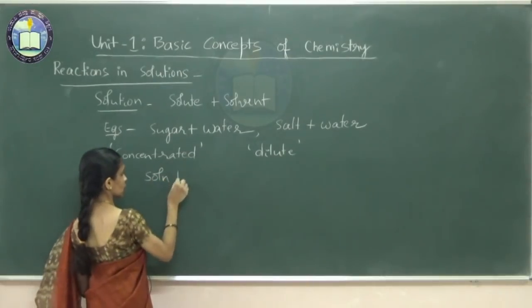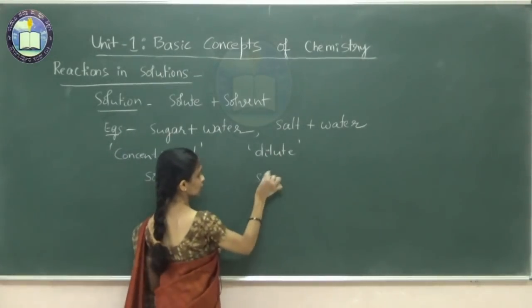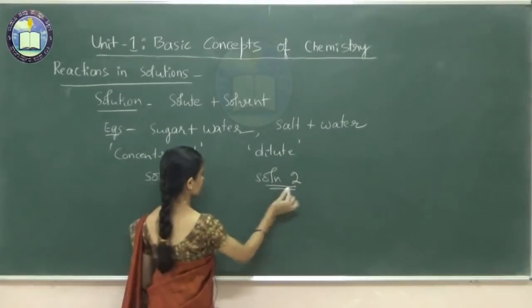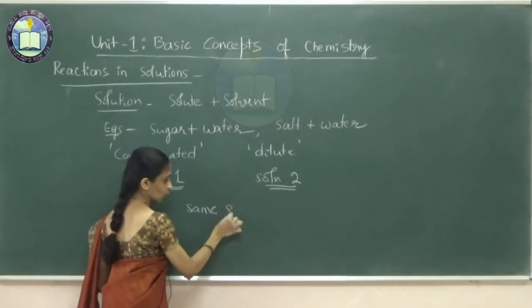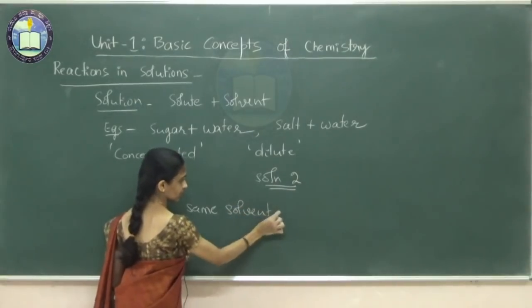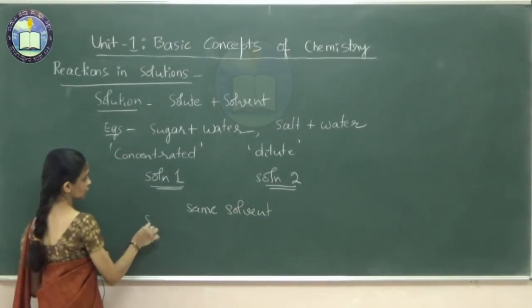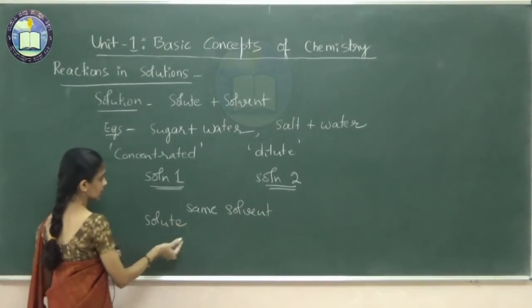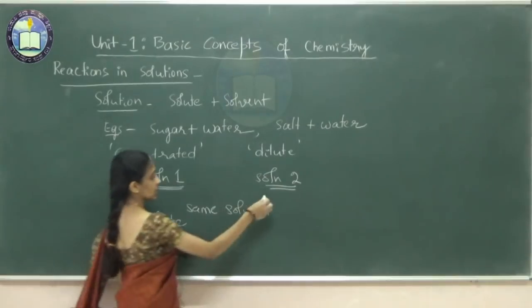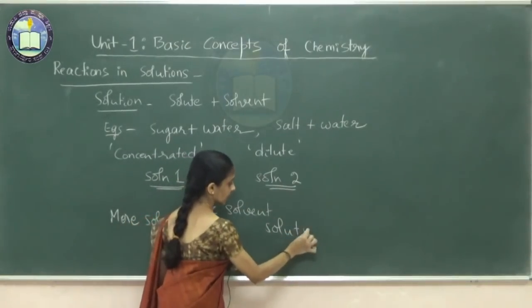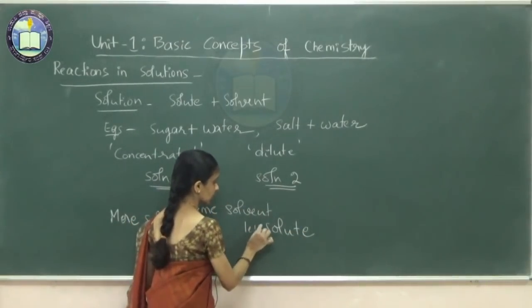Imagine you have solution 1 and solution 2 with you. Both of them contain the same volume of the solvent, imagine, but the solute present in solution 1 is more. The solute present in solution 2 is less.